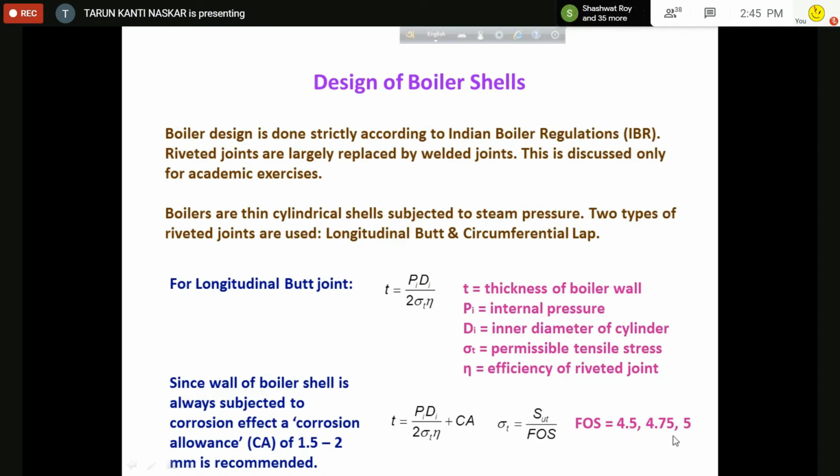So the factor of safety should be high, 4.5 to 5. So this is the expression for T, and we can find T from it. Ca is taken because there is corrosion and high pressure steam, so obviously the steel plate will be subjected to corrosion.